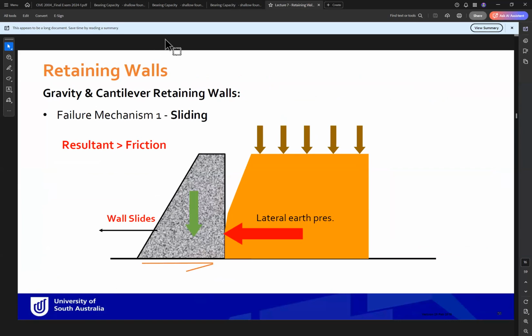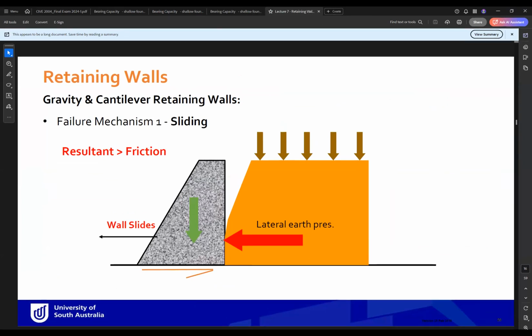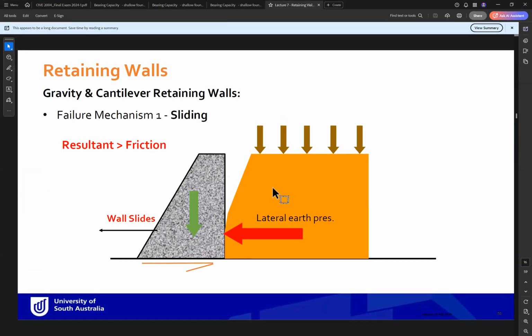So in week 7 or lecture, which lecture is this? Week 9, lecture 7. So week 9, lecture 7, this is the failure mechanism for a retaining wall. So how many failure mechanisms? 3. But you need to draw a sketch, for example.